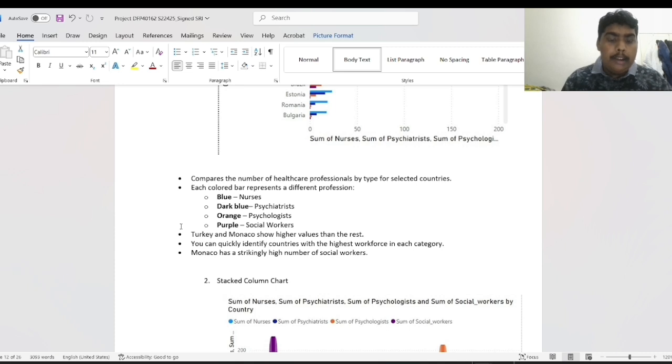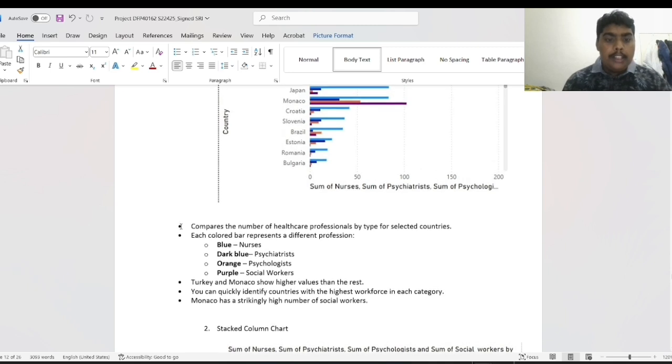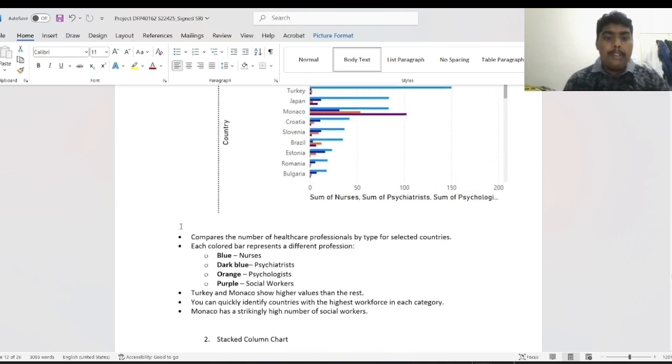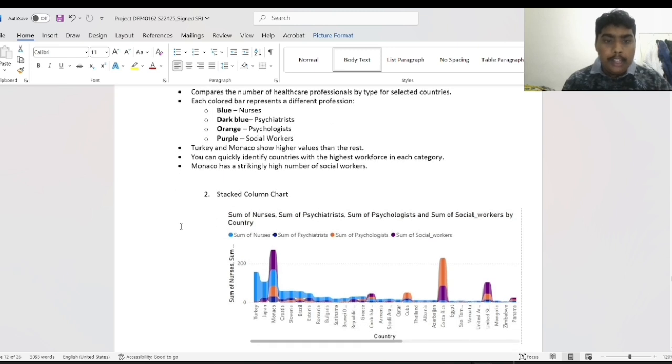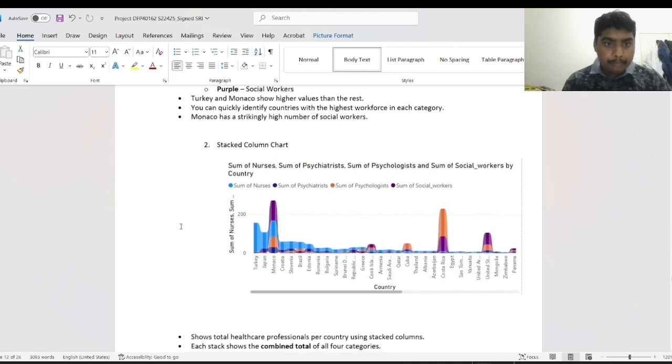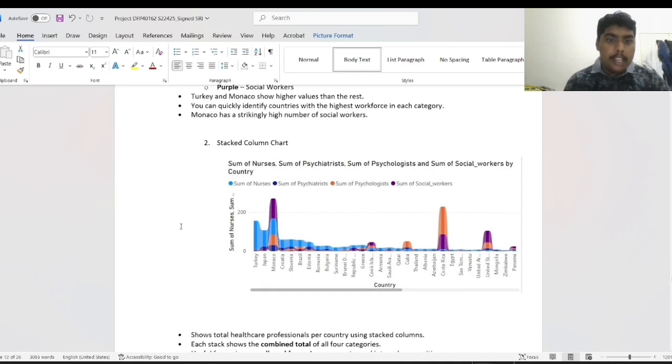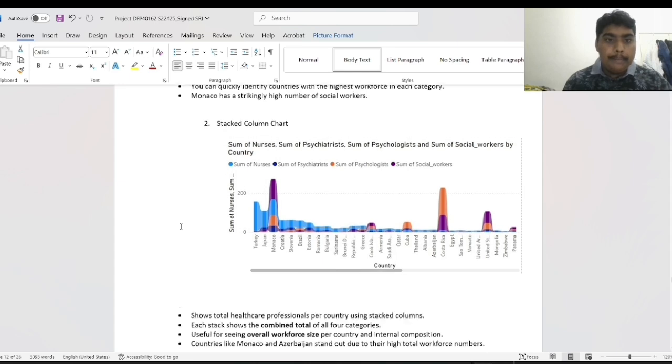Each colored bar represents a different profession. Blue, nurses. Dark blue, secretaries. Orange, psychologists. Purple, social workers. Turkey and Monaco show higher values than the rest. You can quickly identify countries with the highest workforce in each category. Monaco has a strikingly high number of social workers.